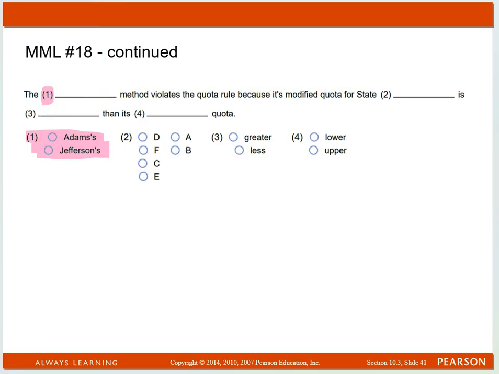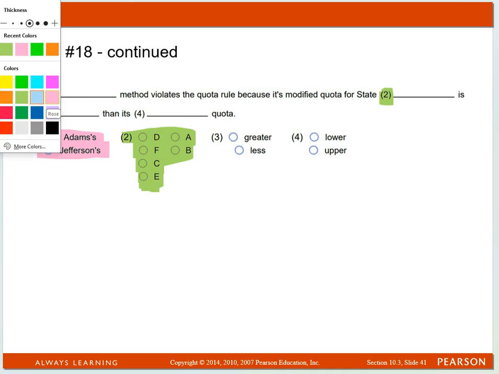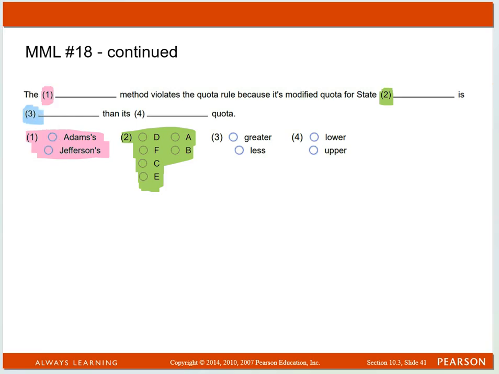And then on drop-down box number 2, you have to pick which state it was, A, B, C, D, E, or F. Of course, they put them in different orders. And then on box 3, you're going to choose either greater than or less than. And on box number 4, you'll choose between lower or upper. And before I do that, I'm going to do a second video.